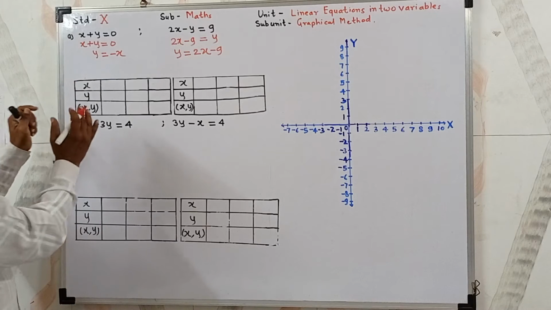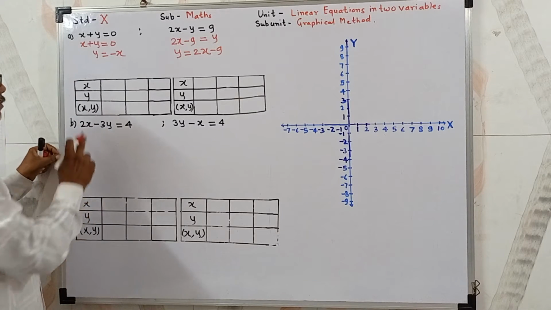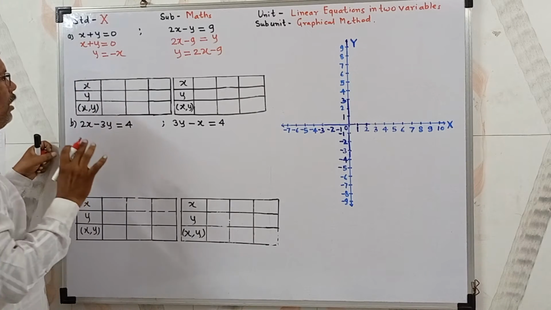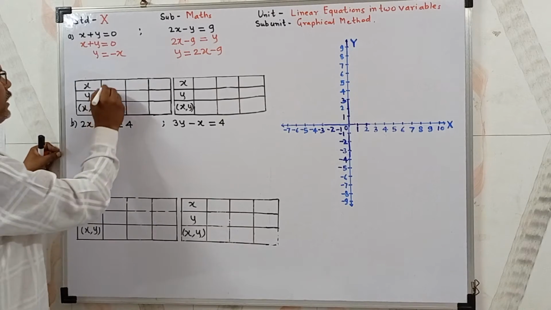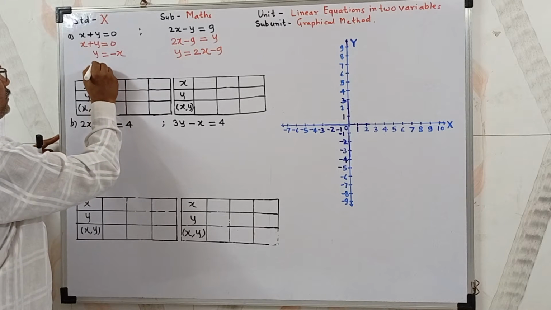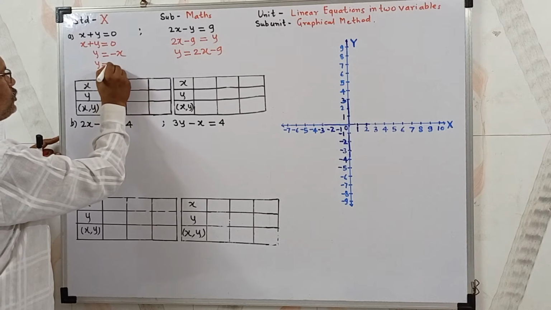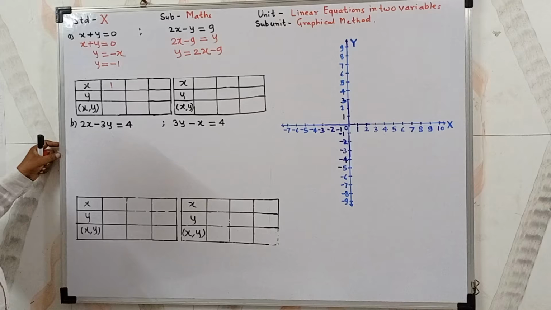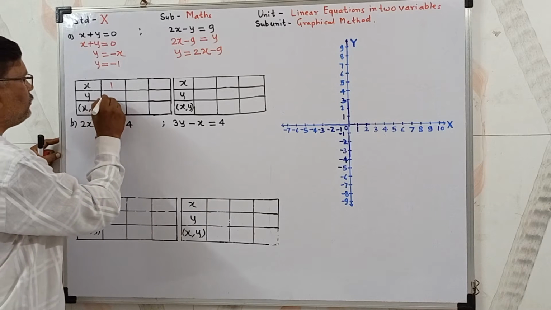Now we find out these points. Take the value of x. Take here 1. When the value of x is 1, then the value of y is equal to minus 1.